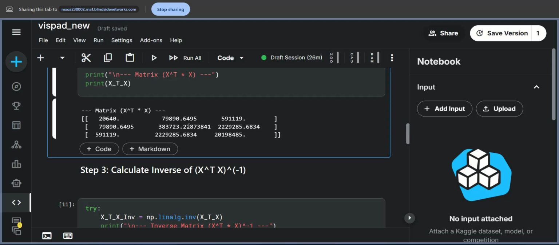Let me see this one. Okay, this one is the bias one.